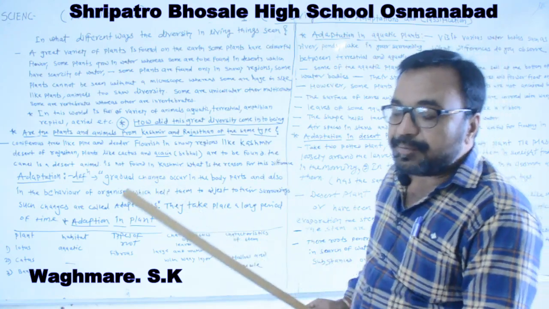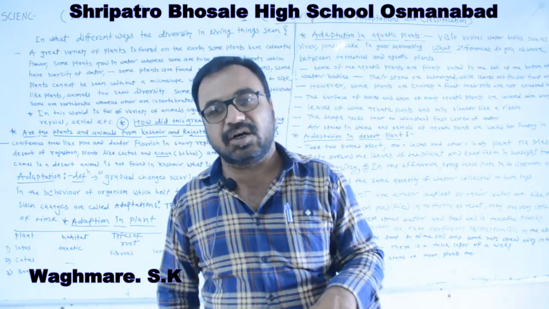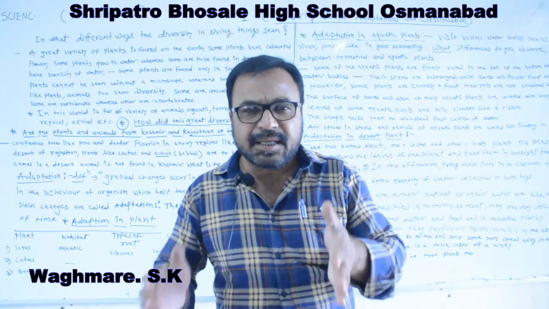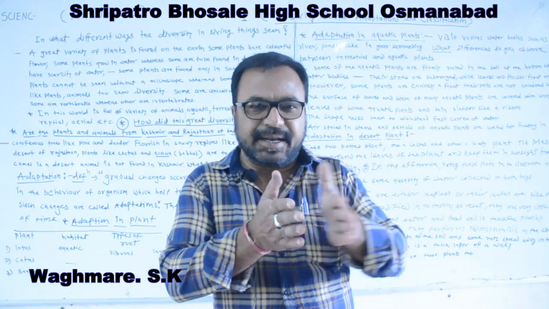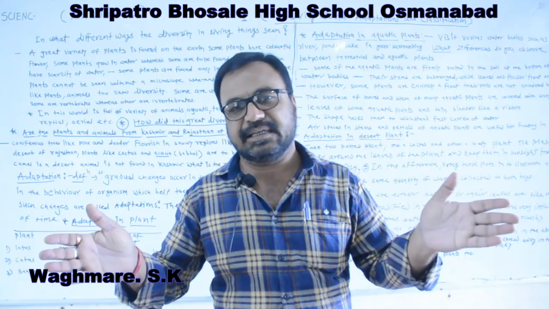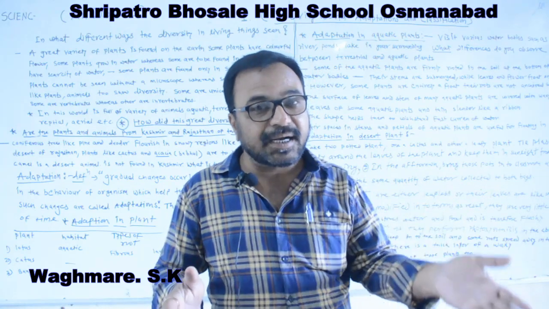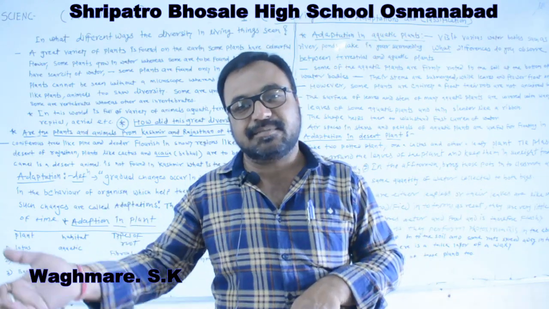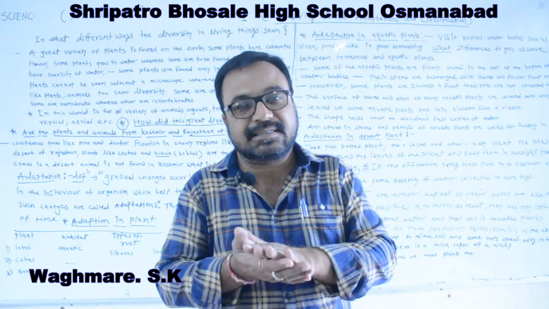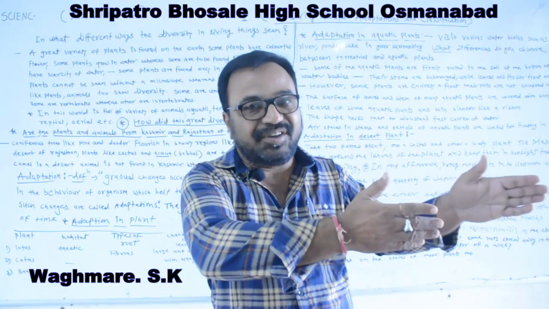Some are amphibian. Now, a condition is observed in amphibian plants and organisms. In the rainy season, the amount of water is large. Therefore, they survive in the water. But after the summer season, there is water scarcity. Water is completely finished.